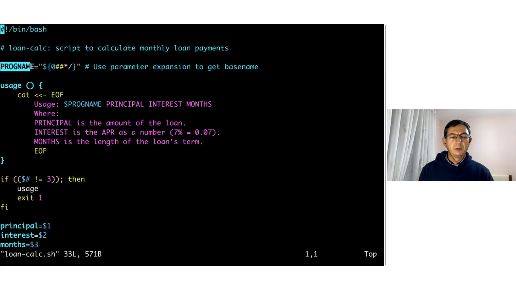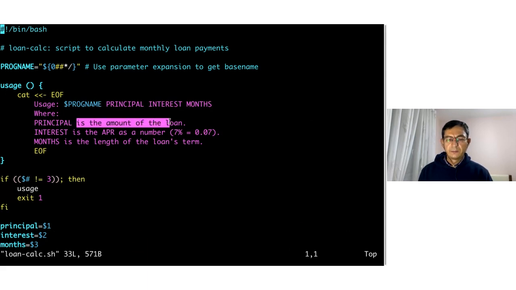Here we have the program name, and then this is the function usage, which shows how this program is used. After the program name, we have to give it 3 arguments. The first argument is the principal, the second argument is the interest, and the third argument is months.